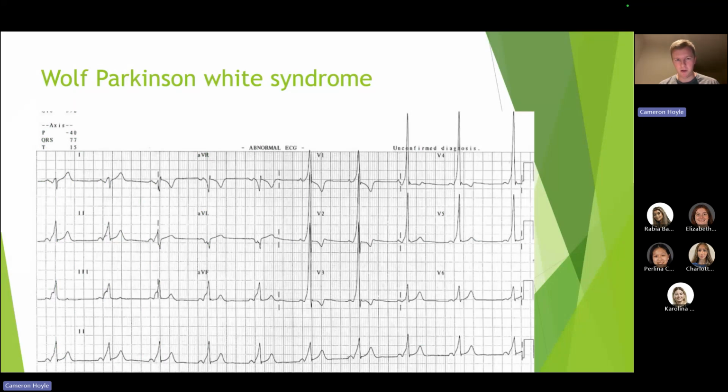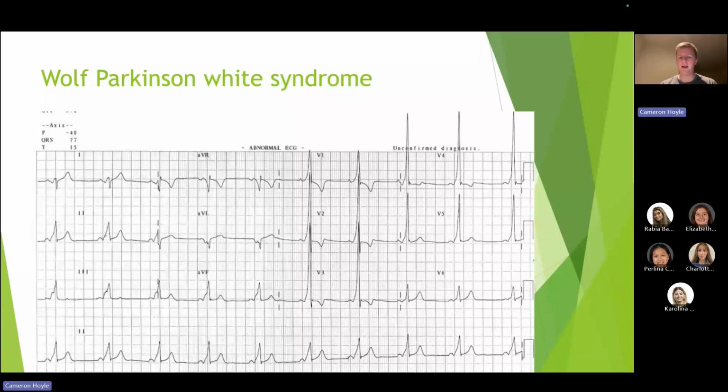This is your Wolff-Parkinson-White syndrome ECG. You can see here you've got this pre-excitation, this really short PR interval. It looks a little bit like a triangle. That's the way I've always remembered it. So this is Wolff-Parkinson-White syndrome. Interestingly, by definition, you cannot have Wolff-Parkinson-White syndrome unless you have had a tachycardia.